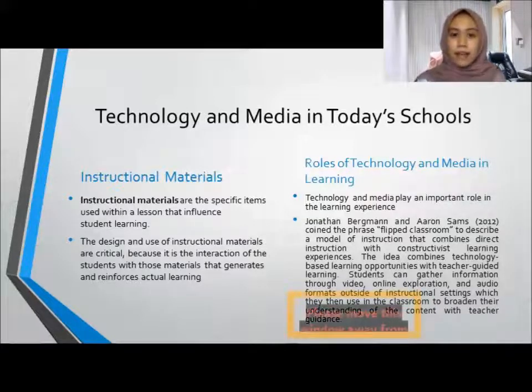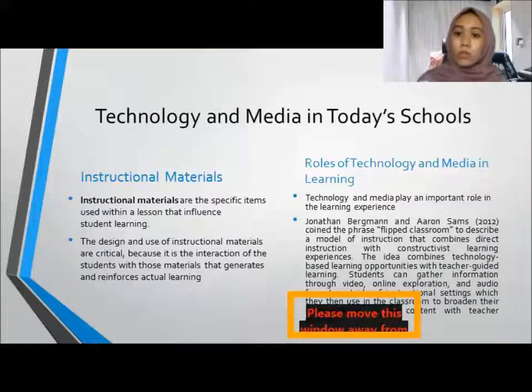Their design and use are critical because it is the instruction of the student with those materials that generates and reinforces actual learning.